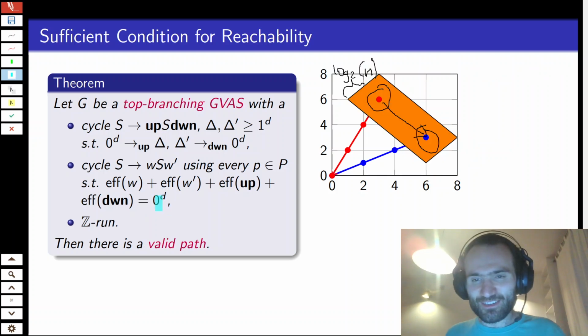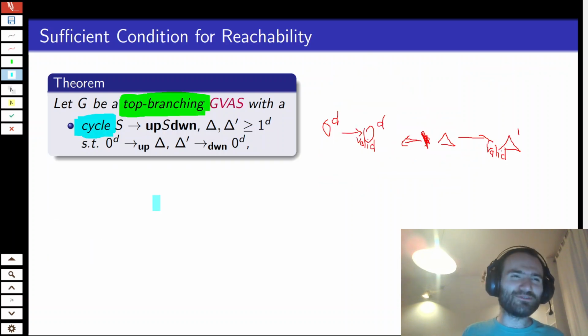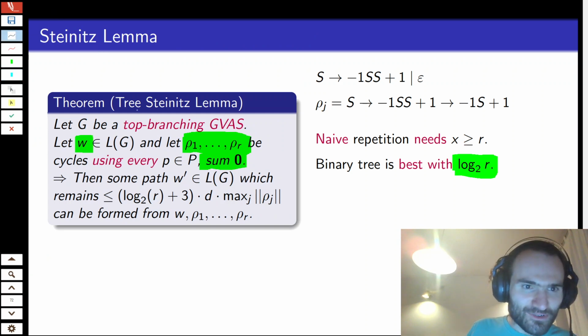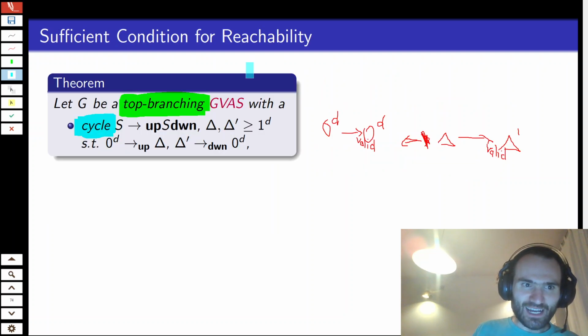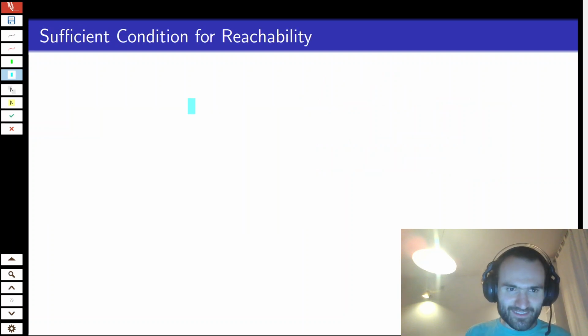Okay, so of course at this point still you probably don't see it, but now what do we have to do? Well, let's just check the conditions of the Tree-Steinitz lemma. There are a few conditions. The first condition is top branching. Well, our theorem explicitly stated top branching. So this one we have. Then we have to check that the cycles use every production.